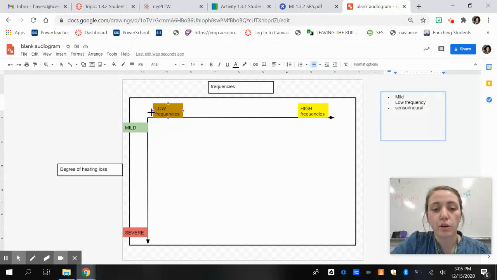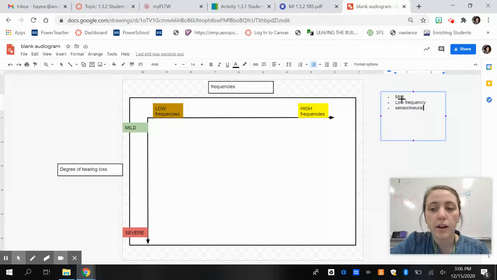So low frequencies are over here on the left side of the horizontal axis, and high frequencies are on the right. That's how it'll be on an audiogram represented by numbers, but I'm just simplifying it. And then hearing loss gets worse the more you have to crank up the volume, right? So if you have a grandpa that can't hear anything and we tell him to turn up his hearing aid because he can't hear, that's him amplifying the sound, making it louder.